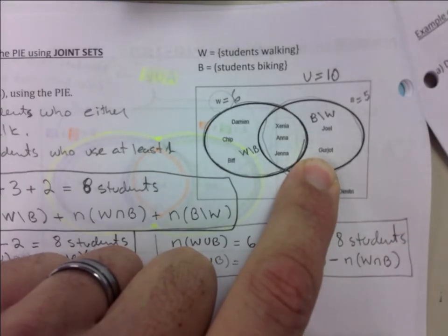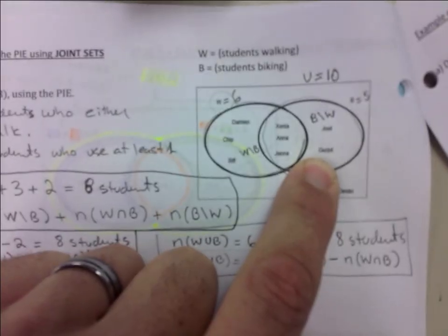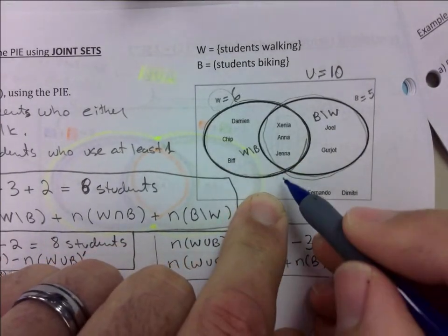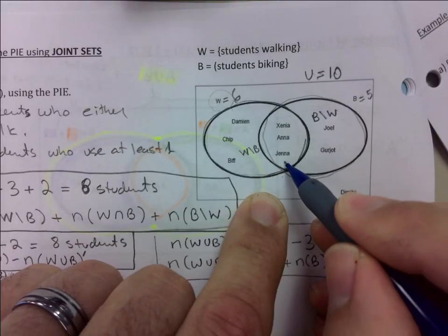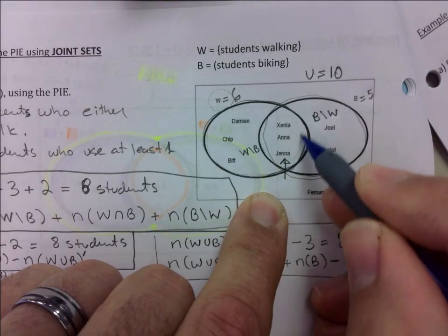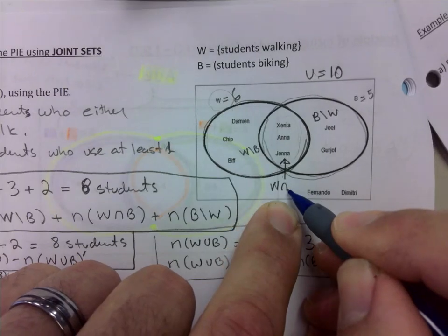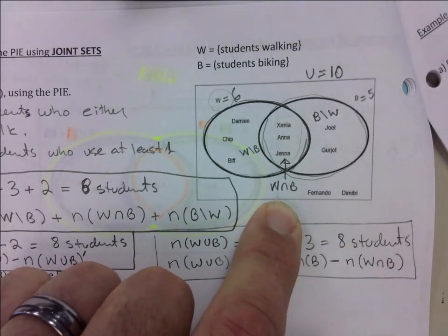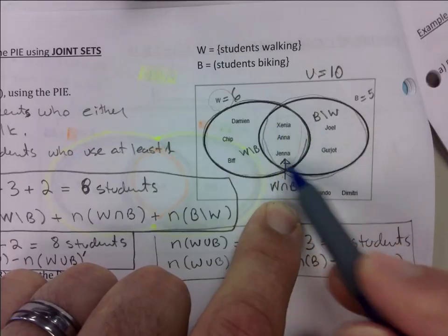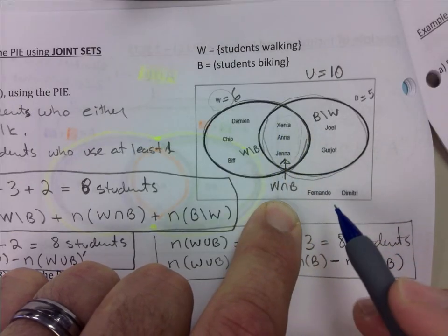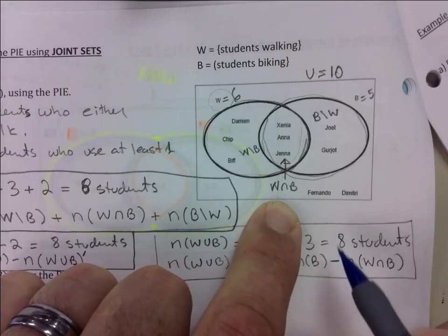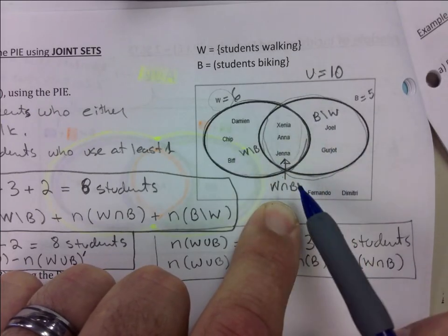It's a bit blurry, right? Or is it just my eyes? Maybe that I'm getting older. If you want that region in between, like just this one, we would go W and B. So the and is they have to be in both. So it's kind of like the intersection. Okay, so get used to this notation.